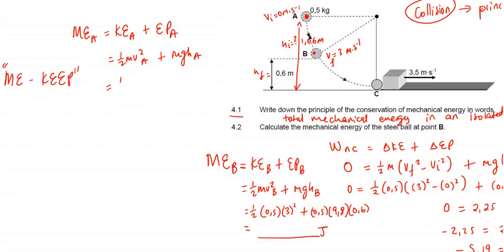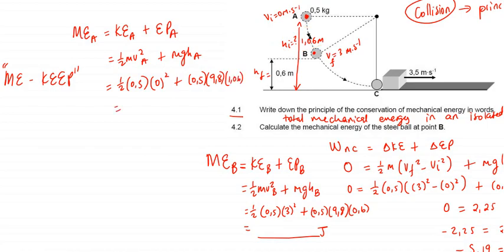So what is the mass? The mass is 0.5, and what is the velocity at A? Remember, it's 0, right? And then the mass is 0.5, and g is 9.8. What is the height at A? It's the one that we just found, 1.06, so we put 1.06.